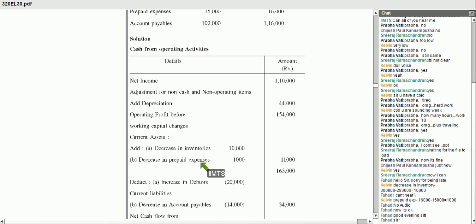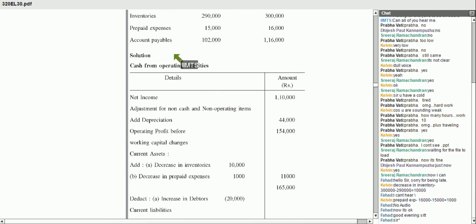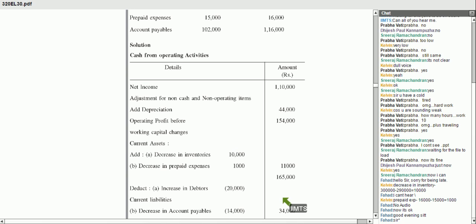Decrease in prepaid expense: at the beginning it was 16,000 and at the end it is 15,000, so 1,000. Adding 10,000 plus 1,000 makes a total of 11,000. This is our current asset value.